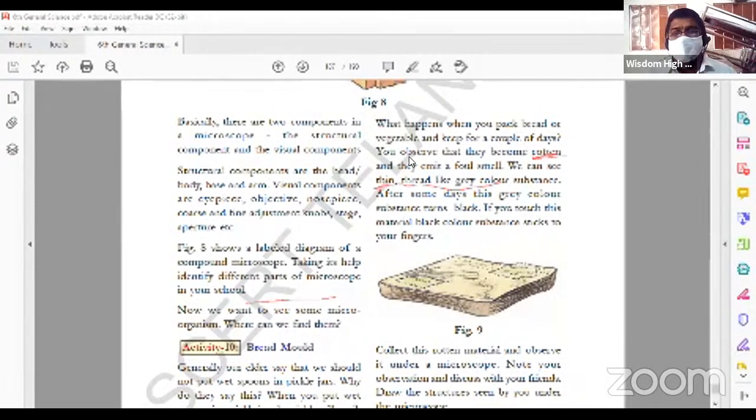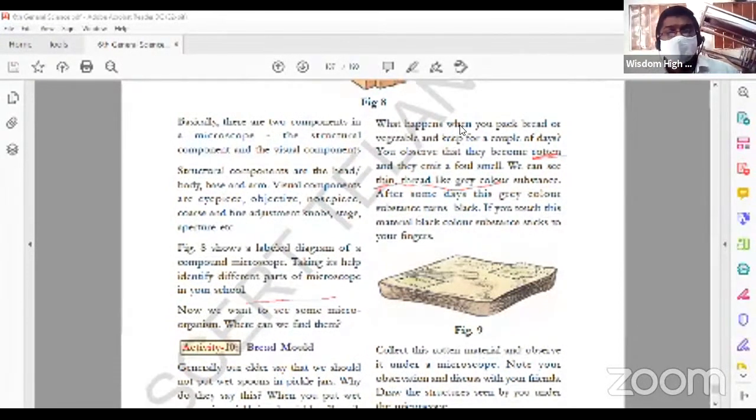Once again, children, everyone understand here. Bread or vegetables, after being kept aside a few days, what happens? You may notice a different smell. Next, a gray color substance usually forms above the surface of the bread.